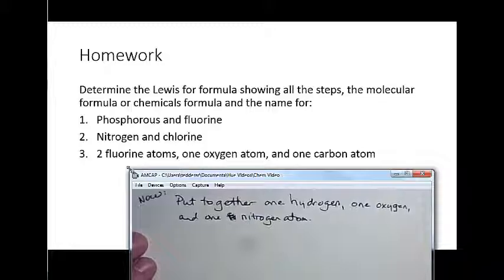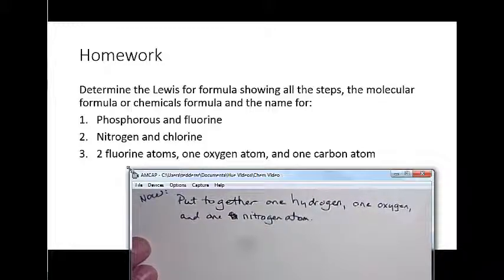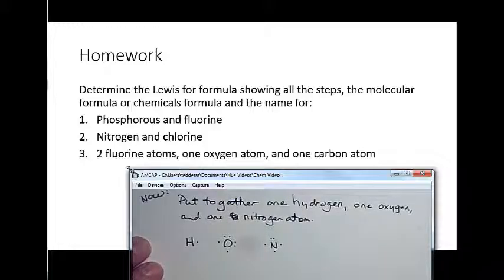One hydrogen, one oxygen, and one nitrogen atom. Okay? Bro, they needed to cancel the game. Ooh, not flashing time. Nobody took a picture.